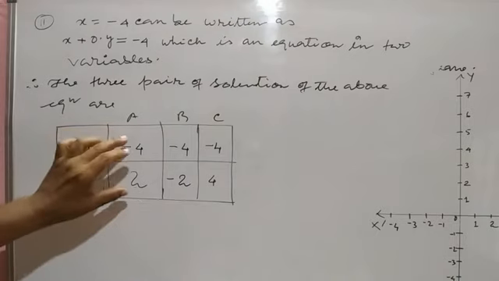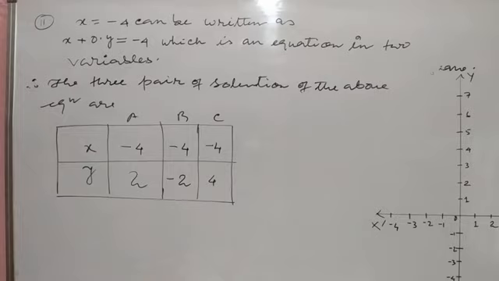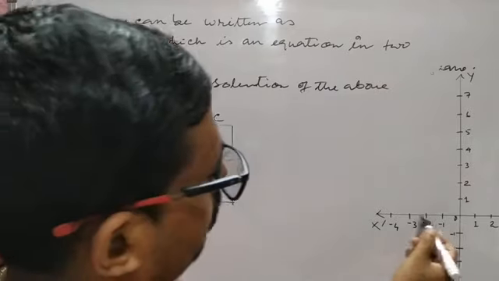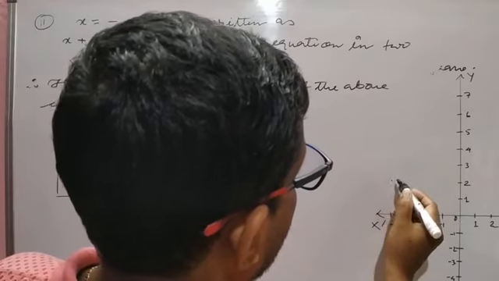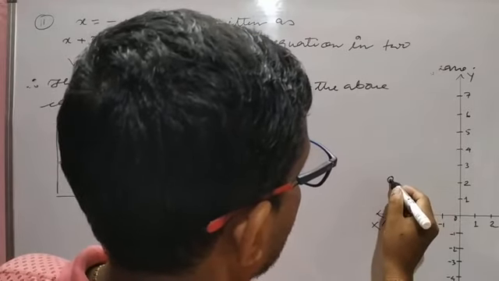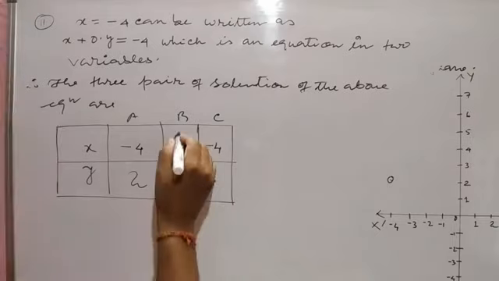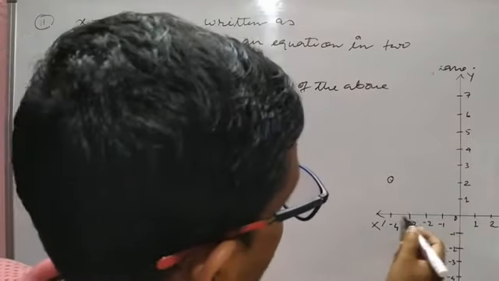So if we put these points in the Cartesian plane, we get -4, 2, definitely it will be here. This is -4, 2. Next -4, -2.